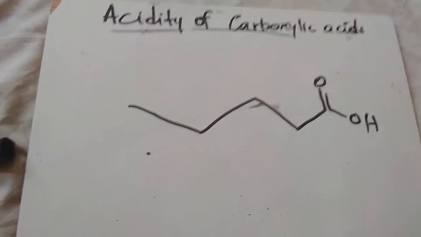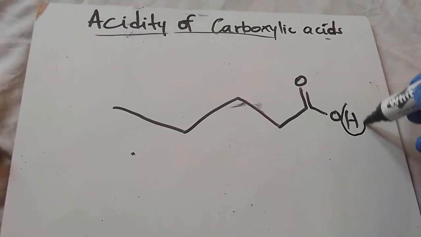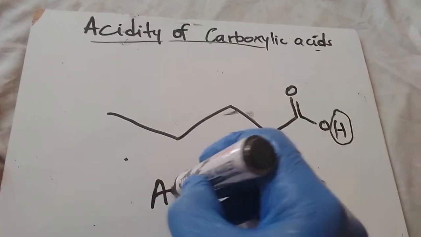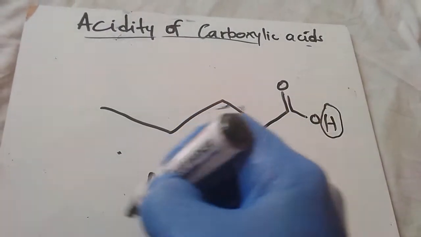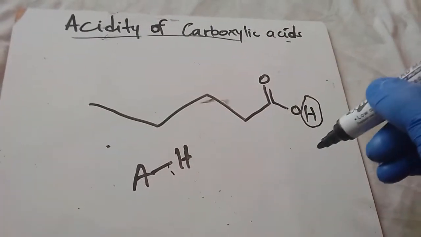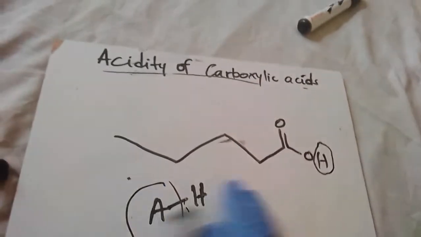The acidity of a compound is defined as the ease of loss of a proton. So when a compound A has a proton somewhere, and that compound A can easily lose this proton to another compound, then this compound A is termed as acidic.